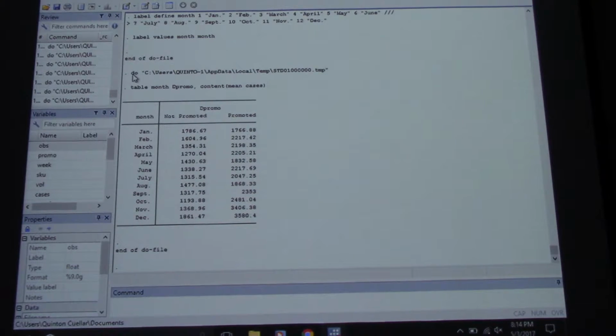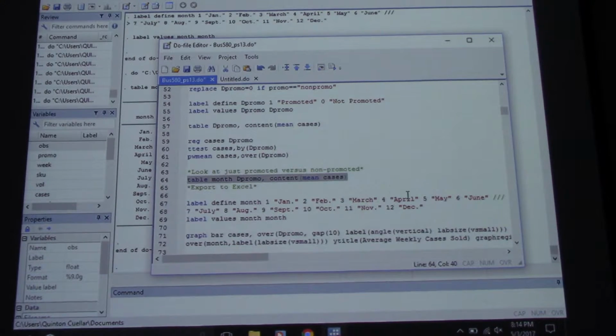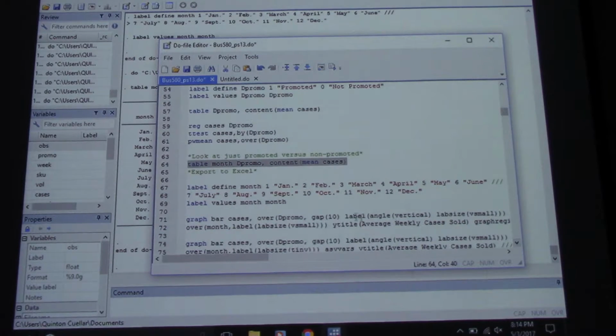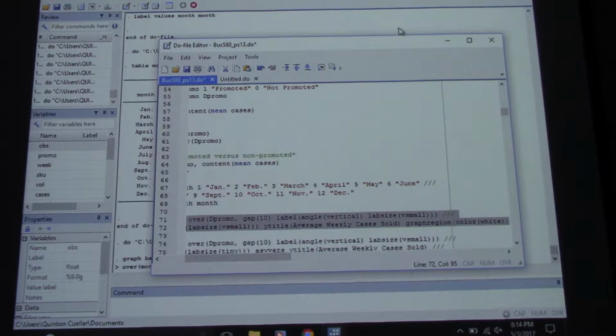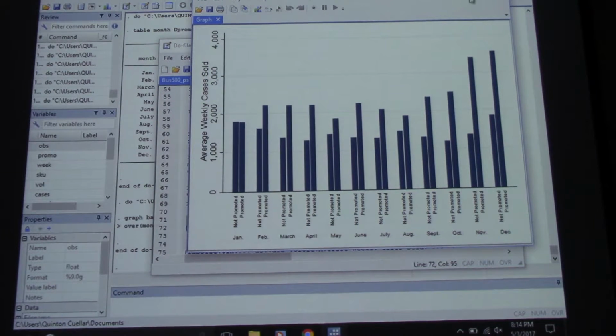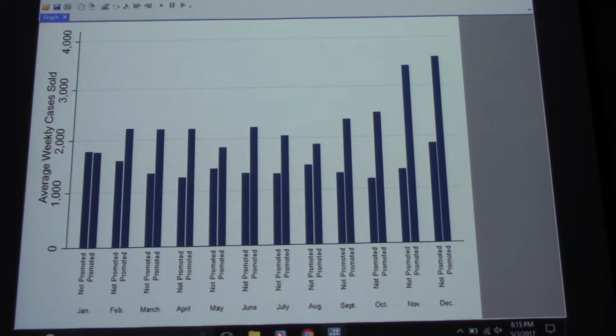Now the table has nice labels on it. But what we can do now is start graphing stuff. Bar graph.